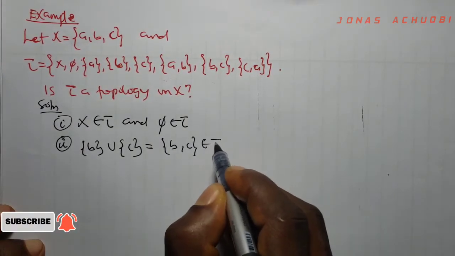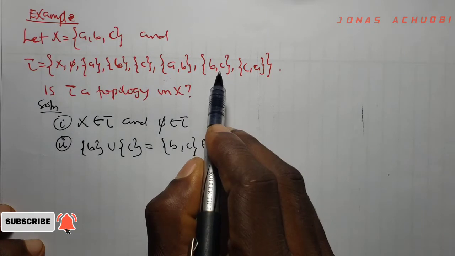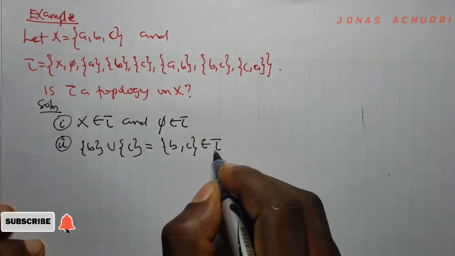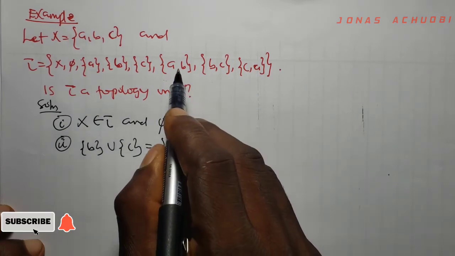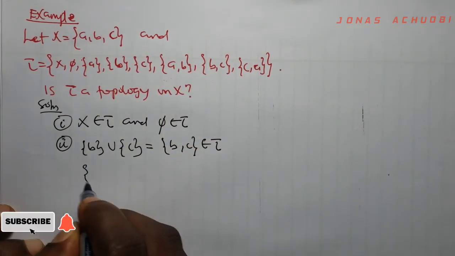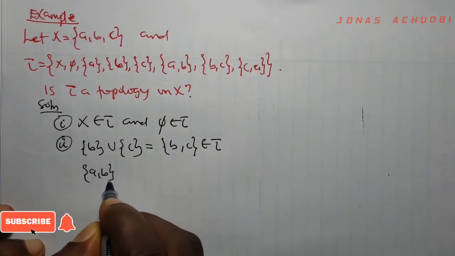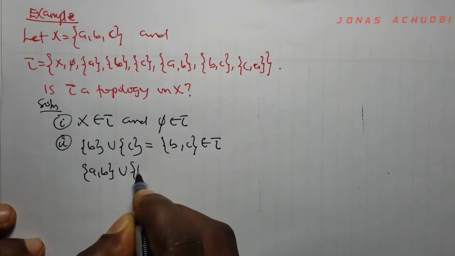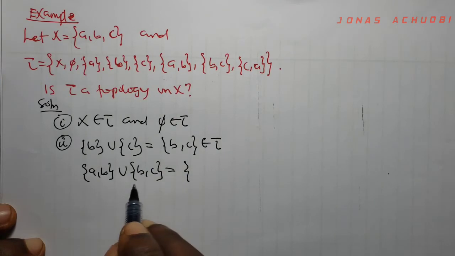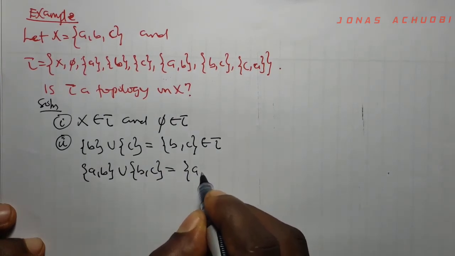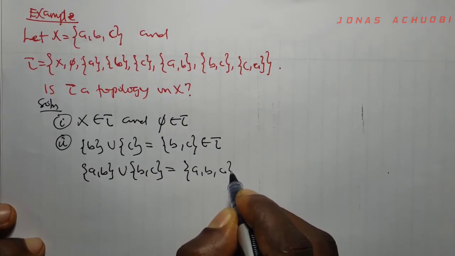And is BC an element of tau? Let us check. Yes, BC is an element of tau. So BC belongs to tau. Let us try another pair. Let us take AB and BC. If we take the open set AB union the open set BC, what will be the result? AB union BC is simply ABC.